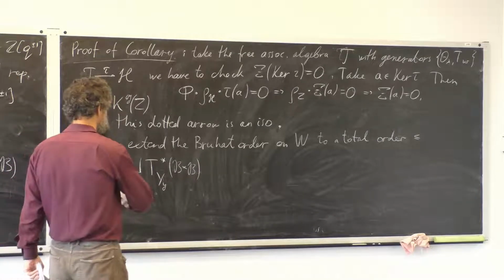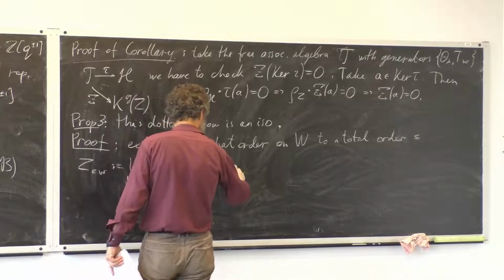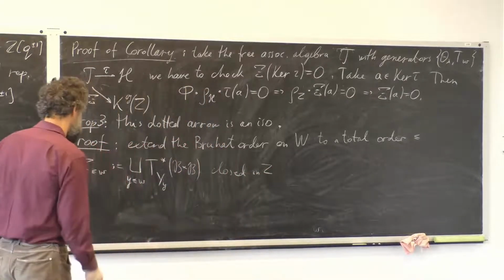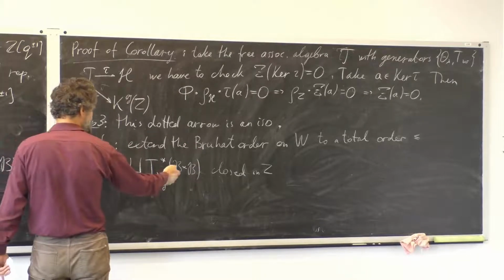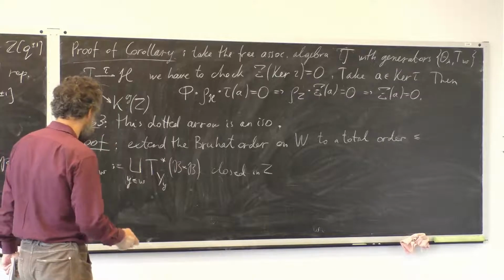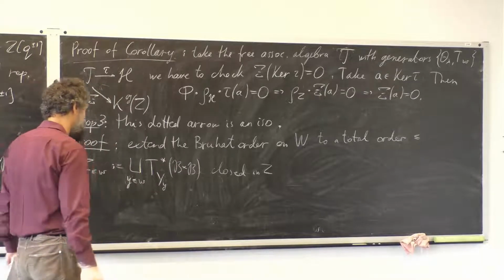Okay, and this is closed. Say that the smallest one is the conormal bundle to the diagonal orbit. And it is closed in the Steinberg variety.